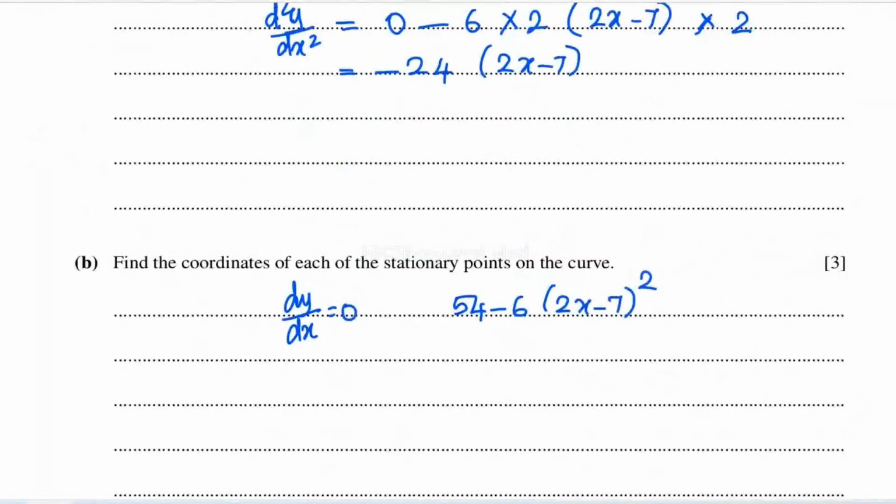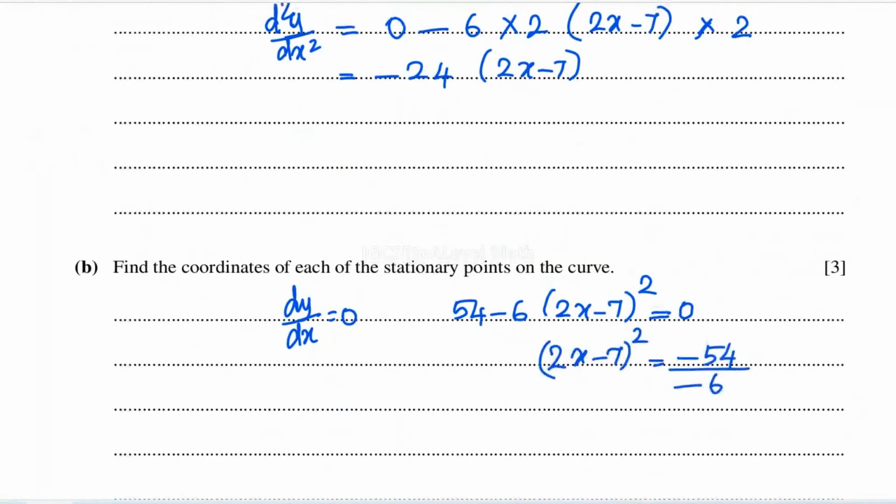And this is equal to 0. So rearrange this one. So 2x minus 7 the whole square equal to negative 54 divided by negative 6, which is nothing but 9.